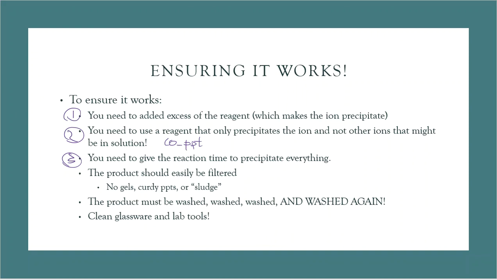Nope, sorry, you've got to go back. You've got to try it again and measure everything out from step number one and go through the process all over again. Don't be that person. You have to take time. You have to be slow. Slow and steady wins the gravimetric analysis race.